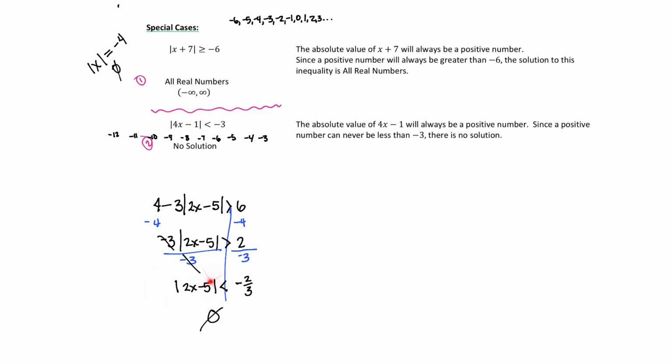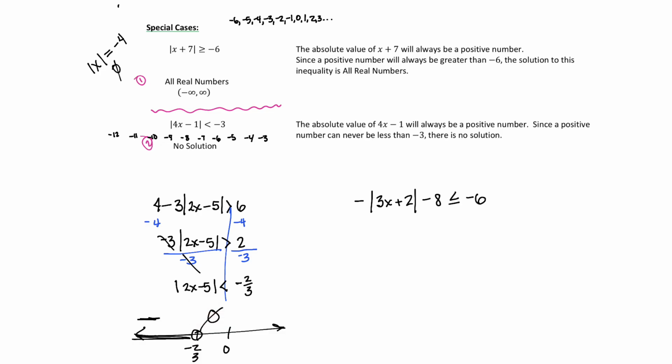But now it's saying this has to be less than a negative 2/3. And on a number line, here's 0, here's negative 2/3. Everything less than that is still negative. All of these are negatives. So you can't have absolute value of anything less than this. That makes no sense.